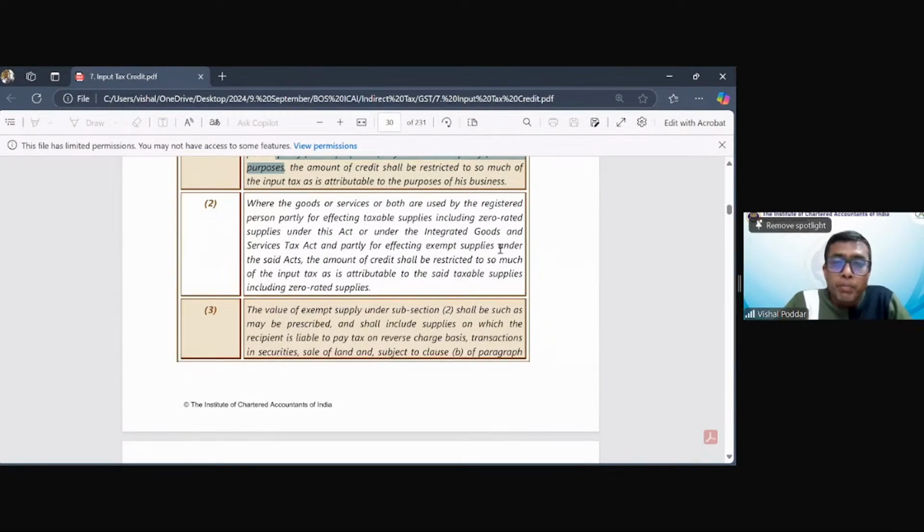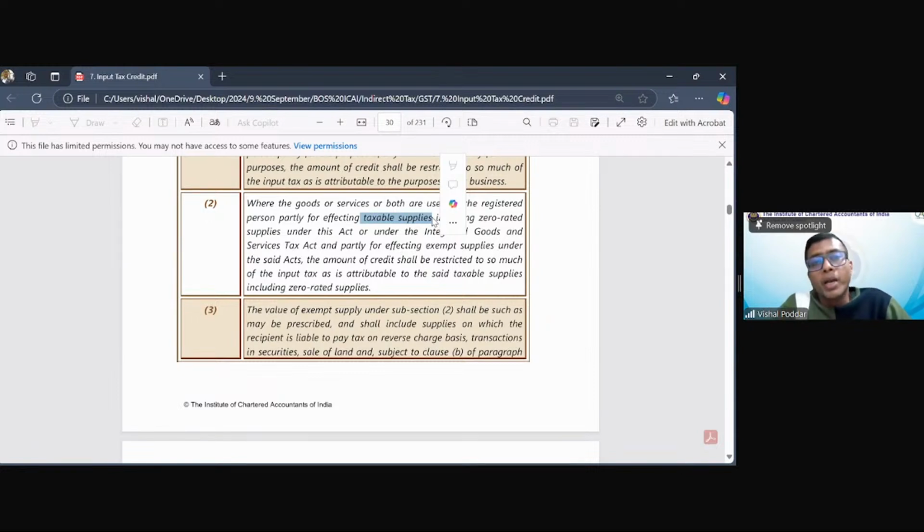But the challenge is that my output, that is my sales, comprises of two things. There are some exempt supplies in my sales, and there are also taxable supplies. So let us say on my outward side, I'm selling two products, product X and product Y. Product X is taxable at 12% and product Y is nil, that is, it is exempt.